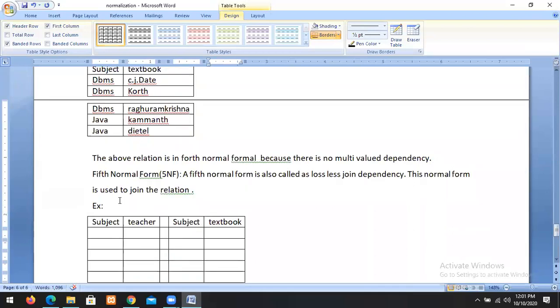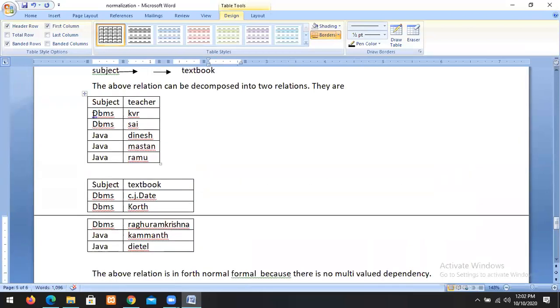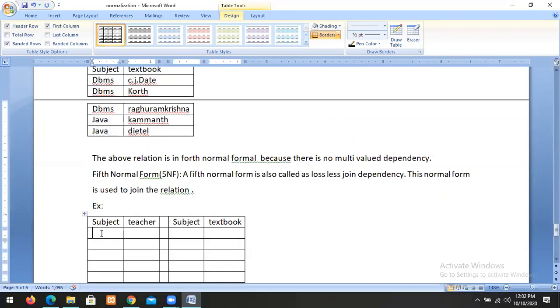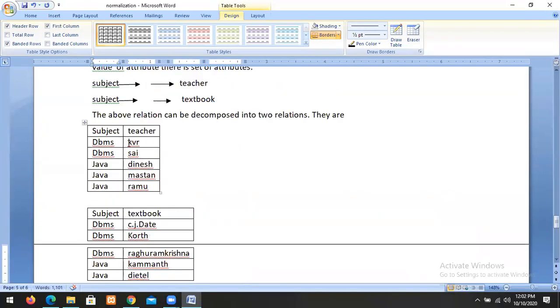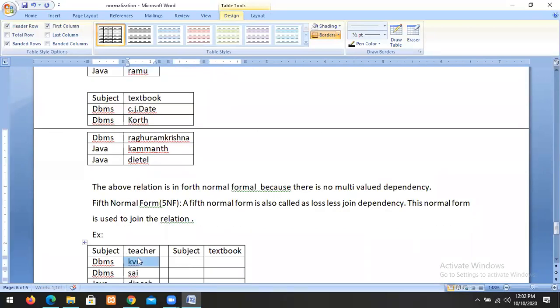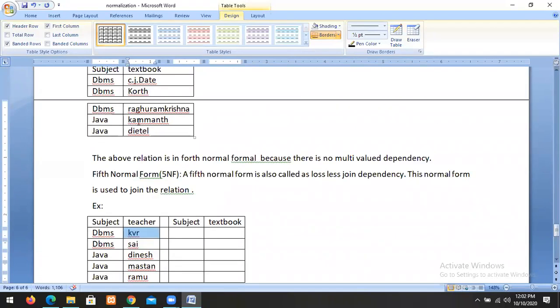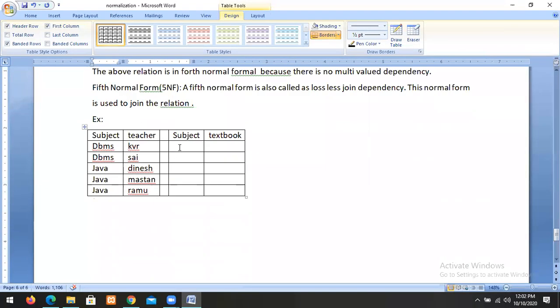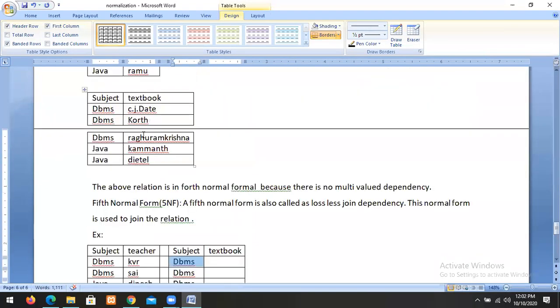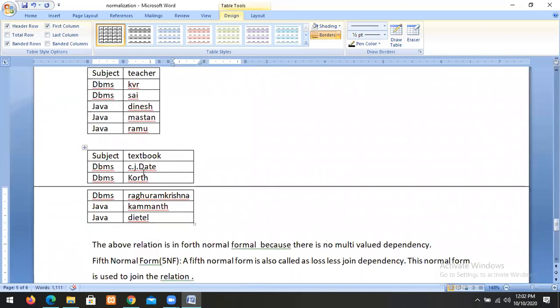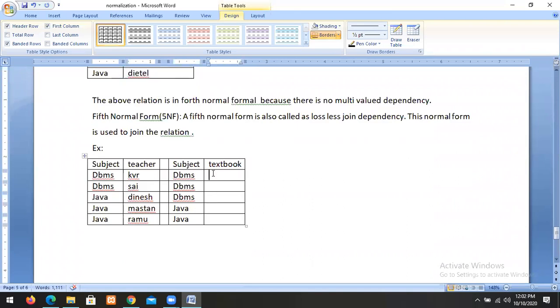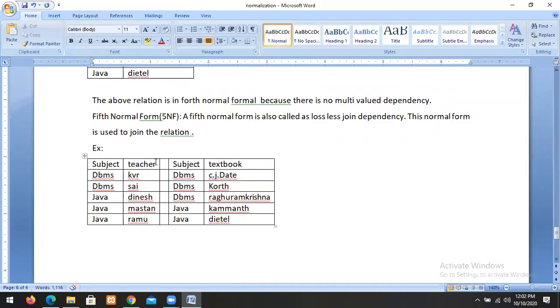Subject teacher, subject textbook. We have the subject, we have the teachers. Similarly, we have the subject, we have the textbooks. Subject teachers and subject textbooks.